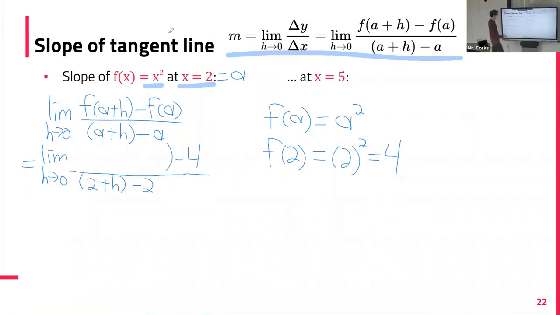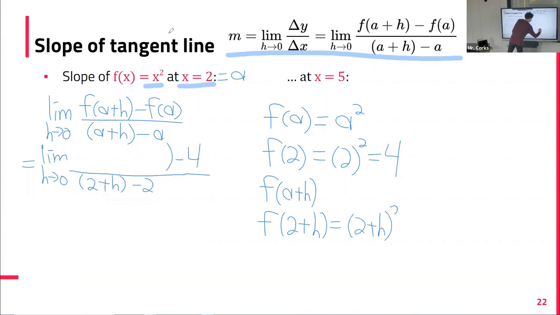And the other part here. So we have f at a plus h, or really we have f at 2 plus h, which is 2 plus h squared. And what is that if we expand that?